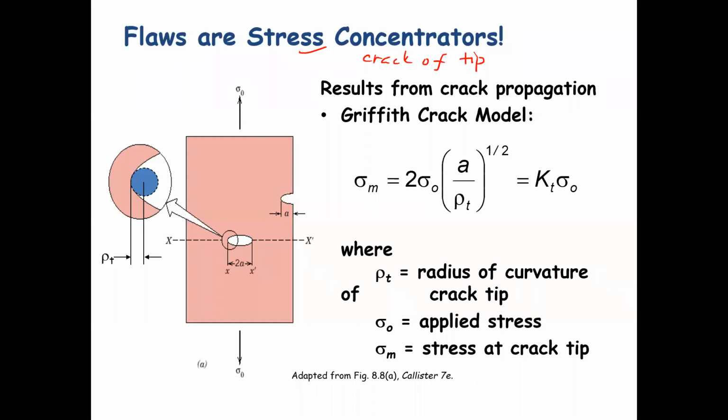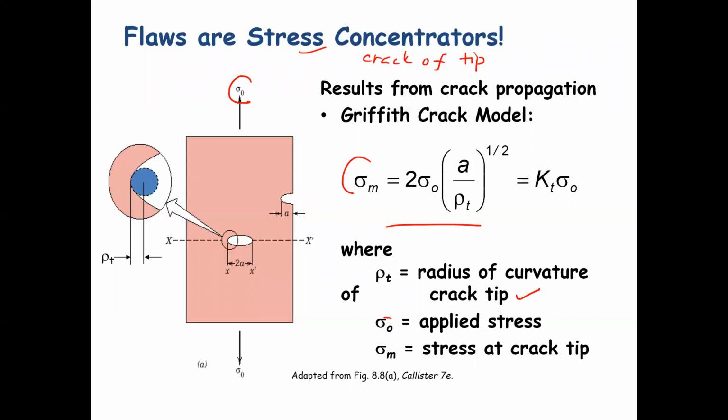If it is assumed that a crack is similar to an elliptical hole in a plate and is oriented perpendicular to the applied stress, the maximum stress, sigma m, occurs at the crack tip and may be approximated by this equation, where rho t is the radius of curvature of the crack tip.